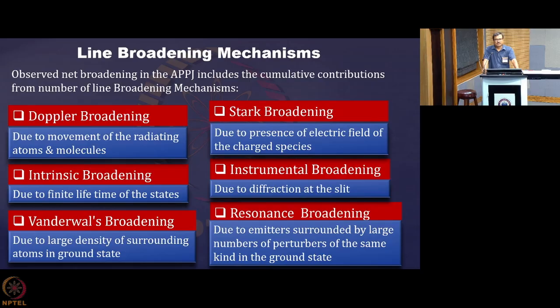That is the most important thing. If you are able to separate out the rest, then you can find the absolute contribution by Stark broadening, and once you find that, there is a relationship between the Stark broadening and the number density. You can use that and find out the number density. So that is the basic principle.